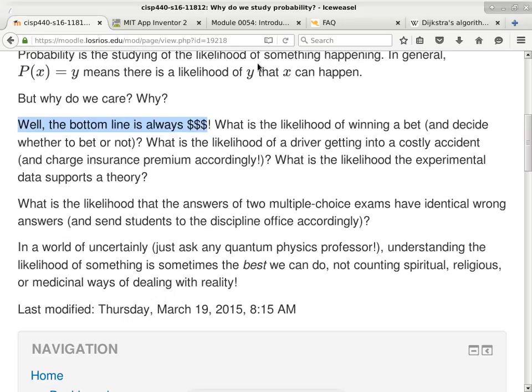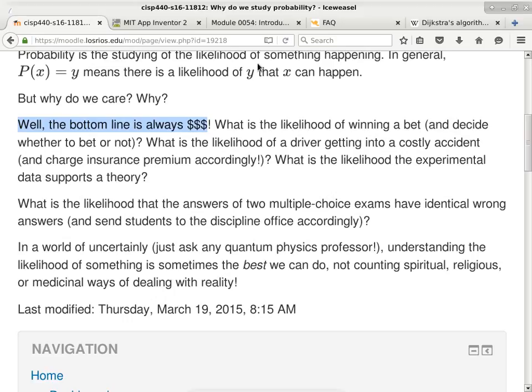Exactly, because they need to know how much premium to charge a driver, charge a homeowner, depending on the risk factor of that client. If that client is in a high risk group, they charge more. If that client is in a low risk group, they charge less. But the only way that they can tell without a crystal ball that can show them the future is probability. So that's why probability is important in the insurance business.